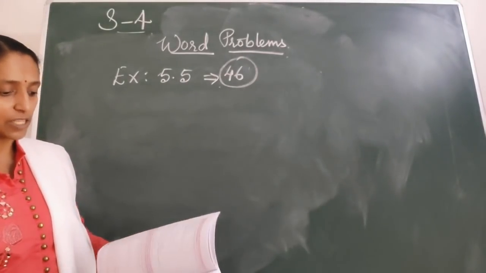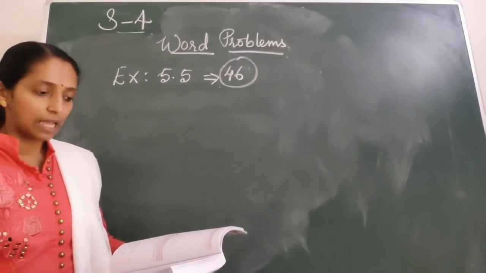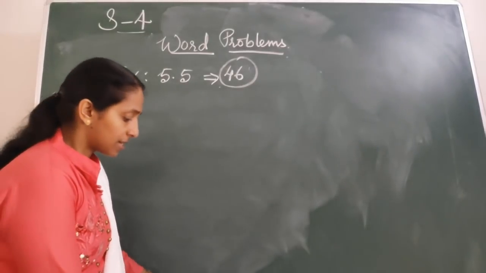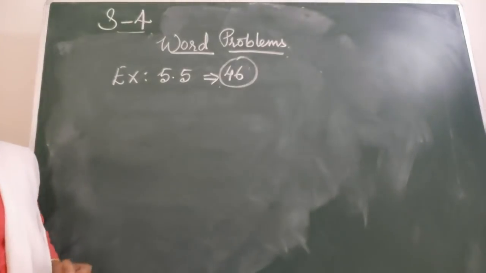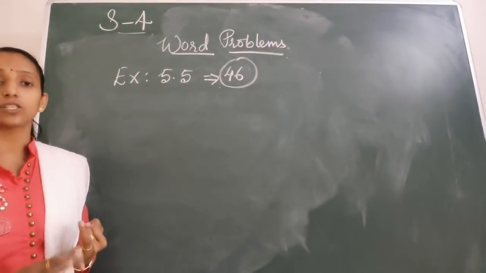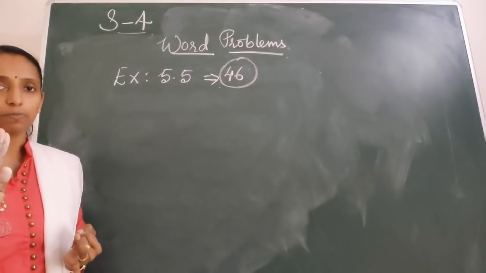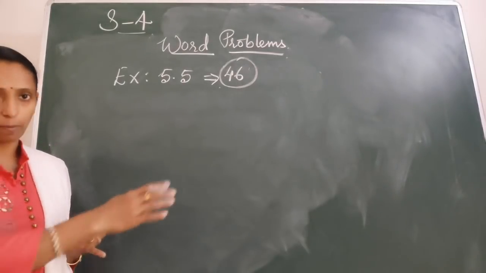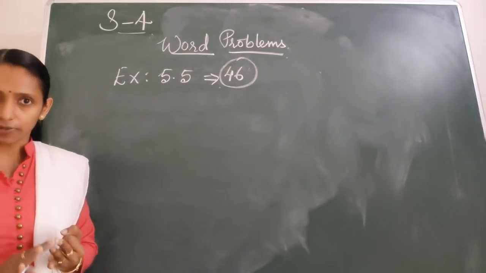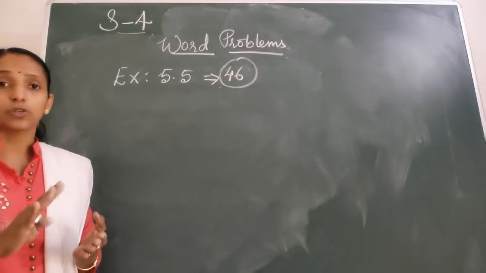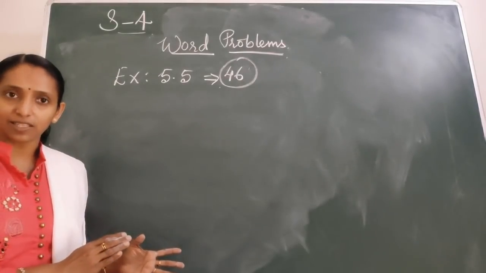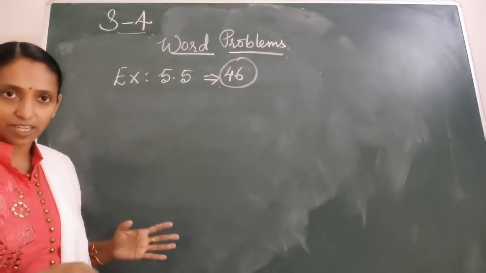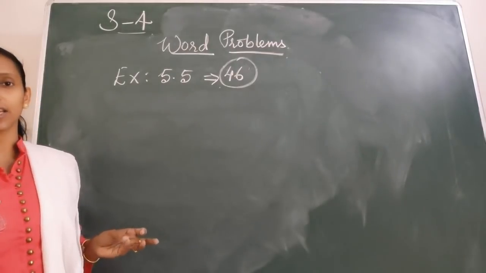Homework means classwork that you have to do. As I have told you, several questions are given. So at least 2 questions from each topic. Each topic means 2 questions from number system, 2 from fractional numbers, 2 from two-digit numbers, 2 from length, breadth, height, 2 from perimeter, area, right angle, triangle, whatever is given.